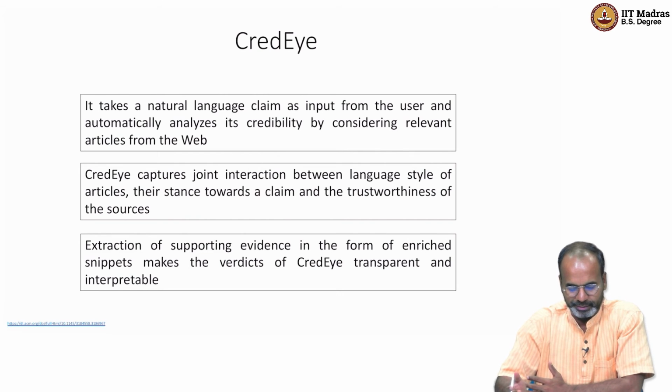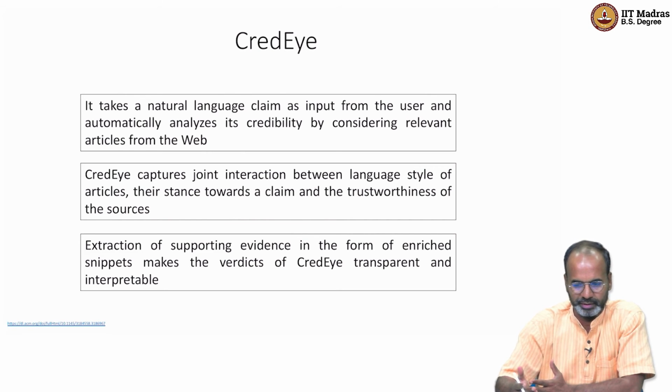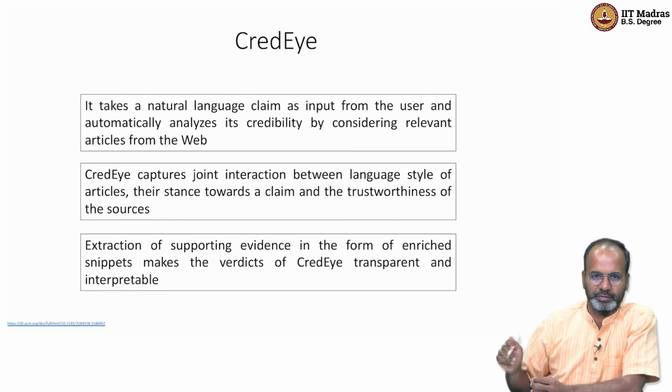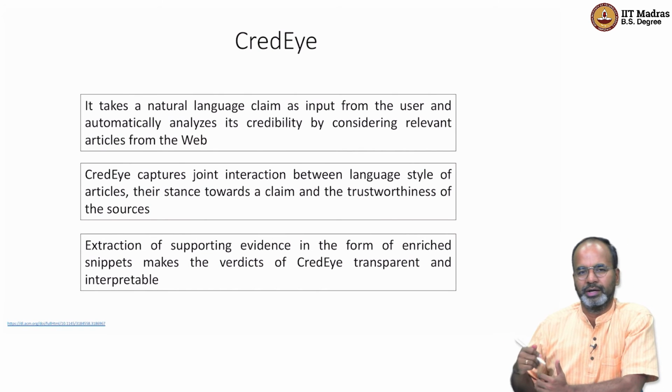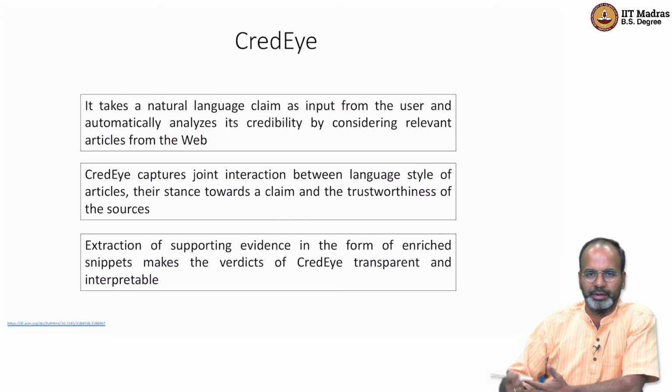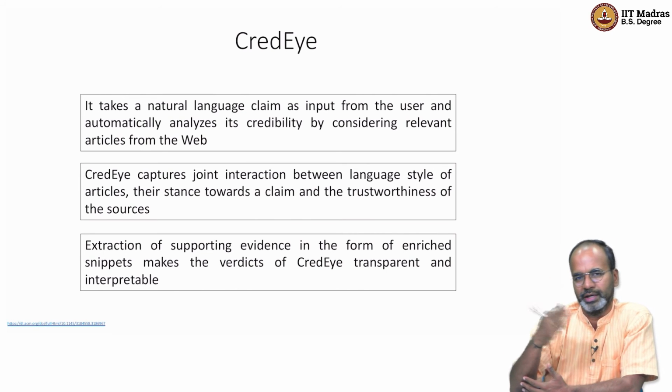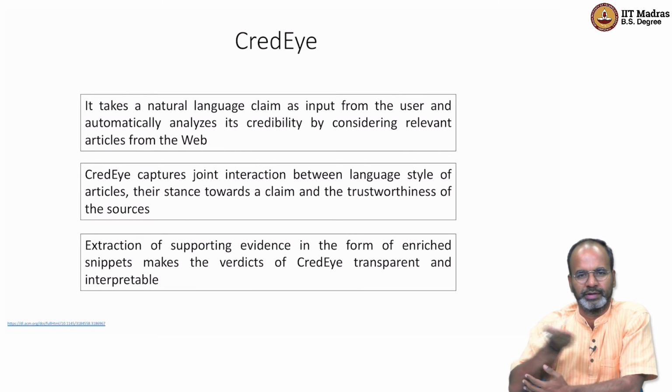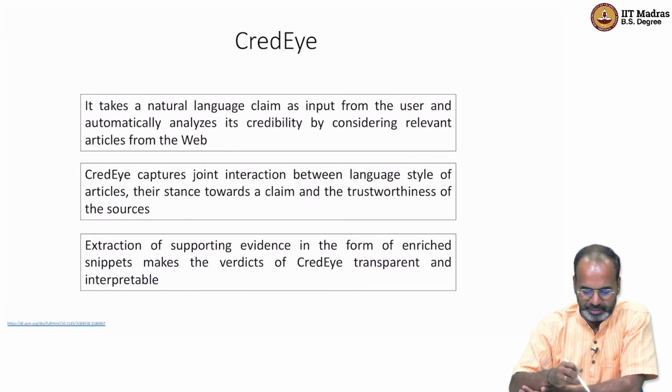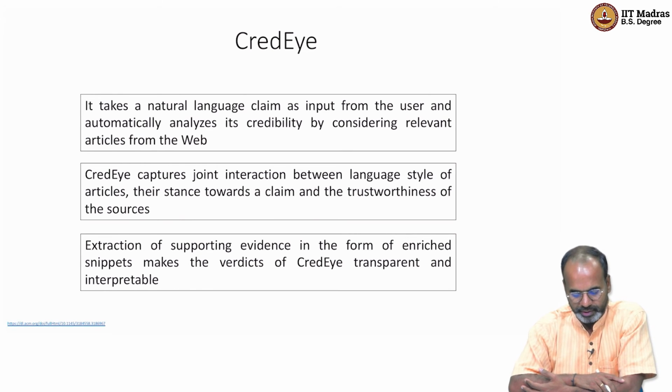It takes a natural language claim, which, as we have already seen earlier in this week and the earlier week, is where content is taken and human annotators look at the content, see which parts of it, what claims are given, and why that claim is even relevant. They go look at other sources, make some references, and finally give a verdict whether it is fake or real. Exactly the same thing. It takes a natural language claim as input from the user and automatically analyzes its credibility.